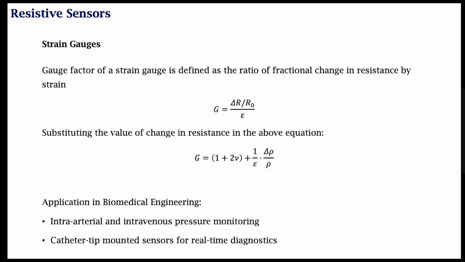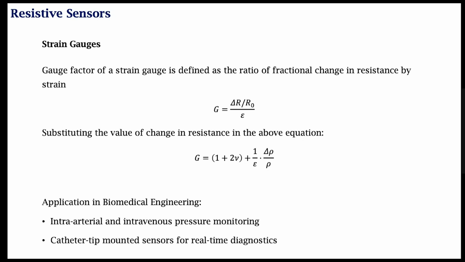This device, strain gauge, has critical applications in several spaces. For example, if you are interested in measuring blood pressure inside the artery, these can be made of really small, really tiny, minuscule sensitive tips that measure intravenous pressure or intra-arterial pressure.